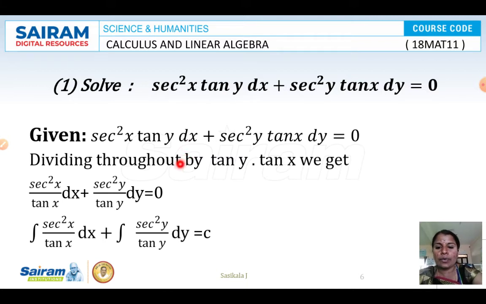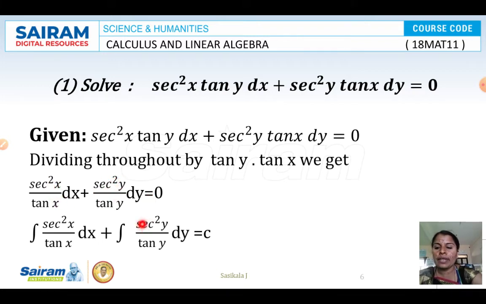For that reason I am going to divide by tan y and tan x. So we get secant squared x by tan x dx plus secant squared y by tan y dy equals 0, after one tan x and one tan y get cancelled. Now you can see the dx coefficient is a function of x and the dy coefficient is a function of y.